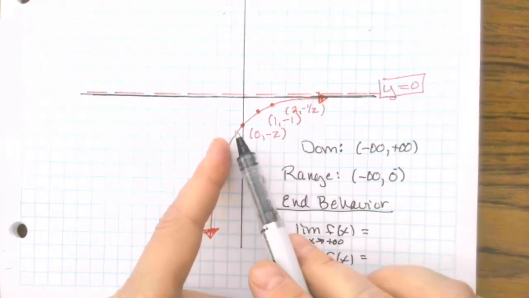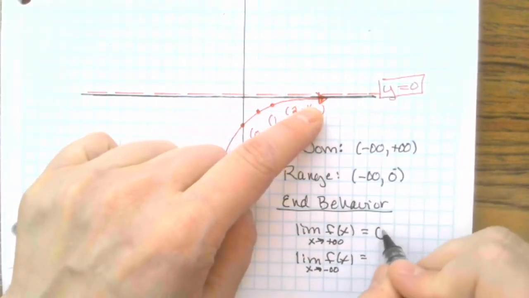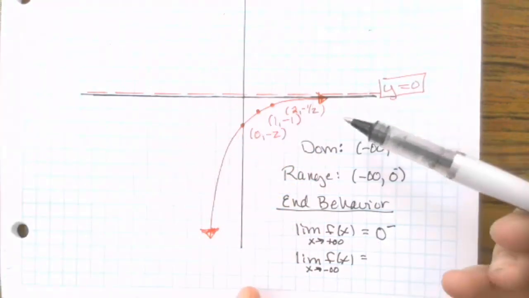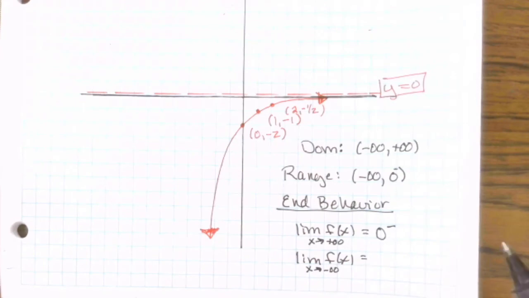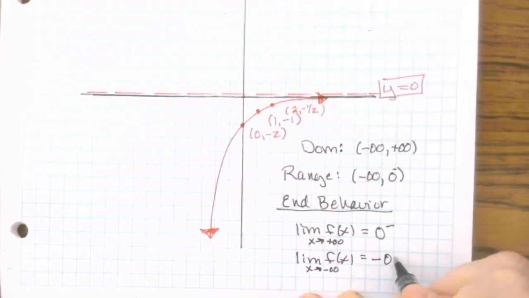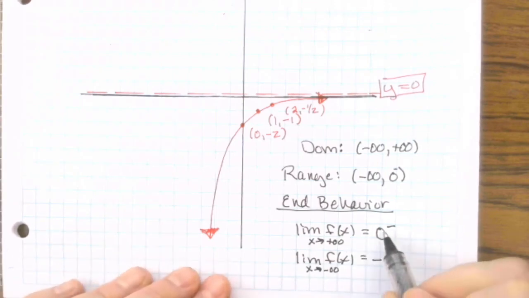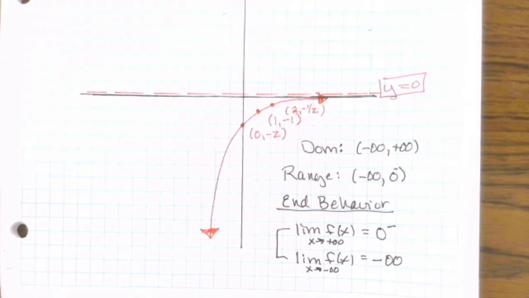So as we go infinitely to the right, the y values are getting close to 0 from the bottom. So 0 from the negative side. As we go to the left, the y values are going down, down, down, down, down. So they're going to negative infinity. In general, your end behavior will always have one of these that expresses the asymptote.